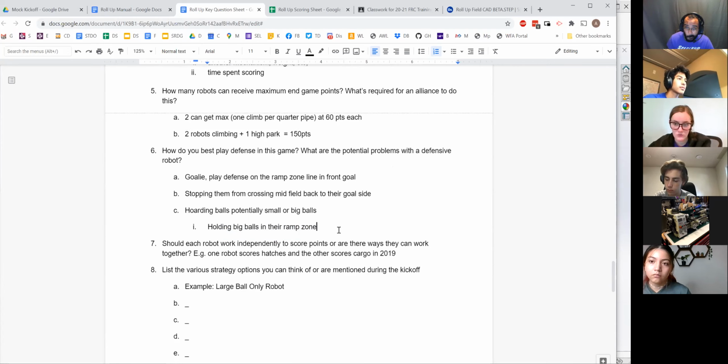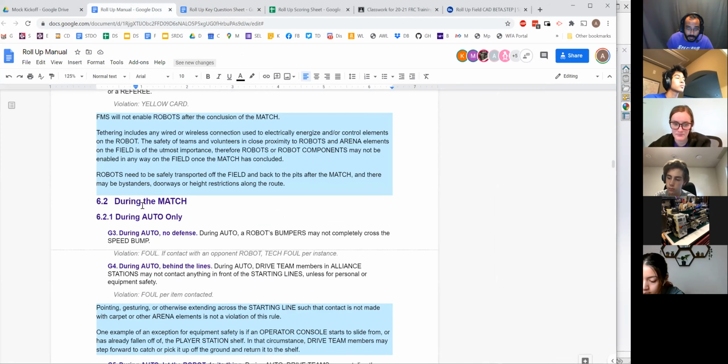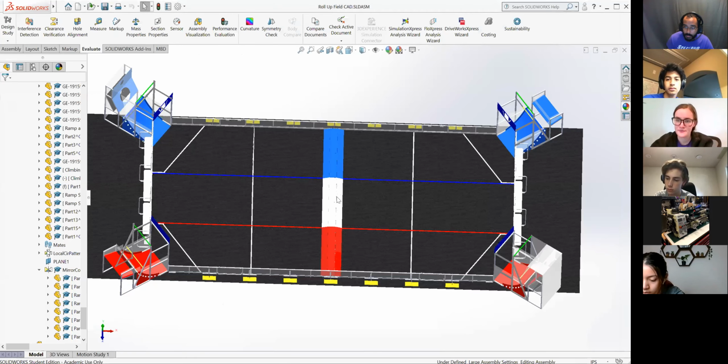Can we play defense in auto? There is a rule for that somewhere. During auto, no defense. So during auto, a robot's bumpers may not completely cross the speed bump. So if you start here, you're allowed to come onto the speed bump and get balls.